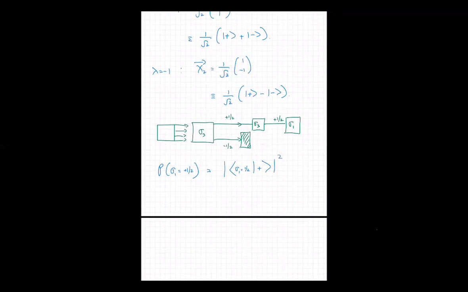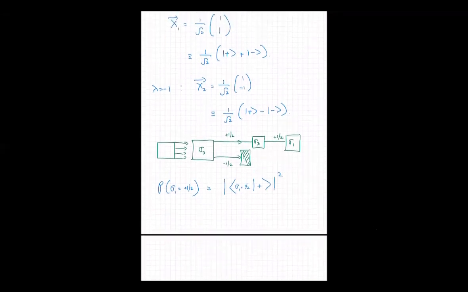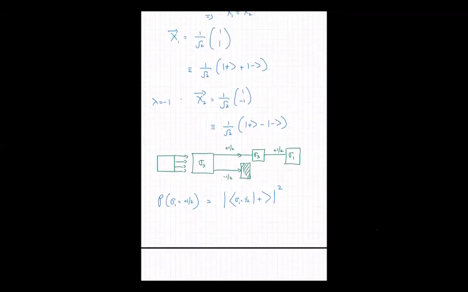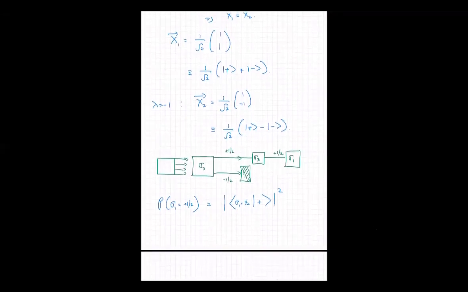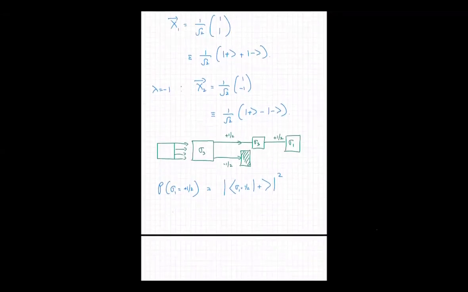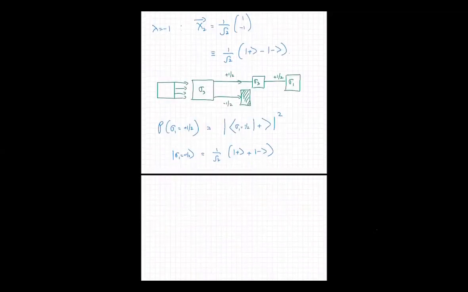Okay, but I know what this is, because the eigenvector of sigma 1 equals 1/2 is basically 1 over root 2 times plus minus, right? So the overlap of this with the plus state is basically 1 over root 2. So the probability of measuring sigma 1 equals 1/2 in this case is just half.